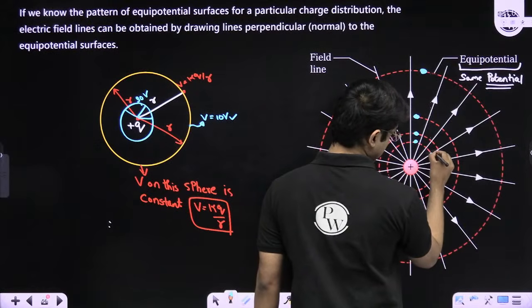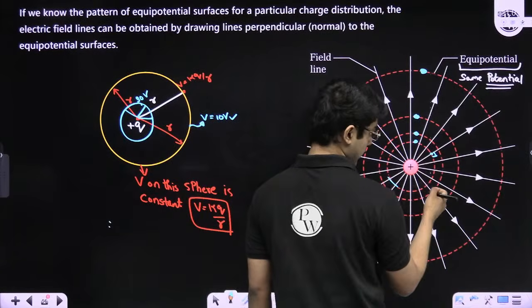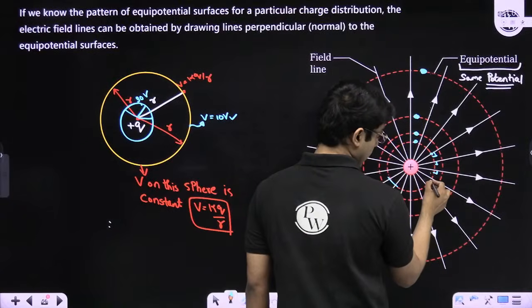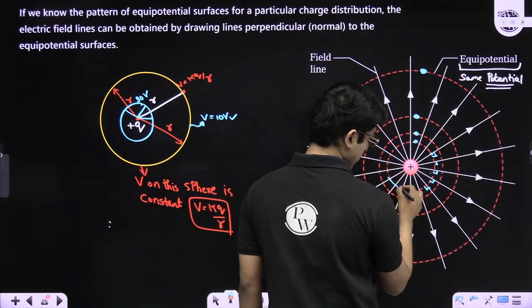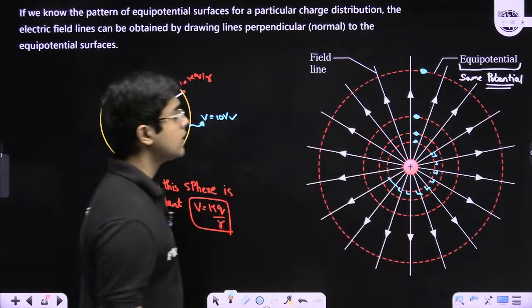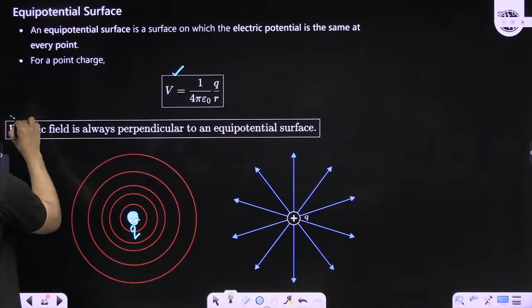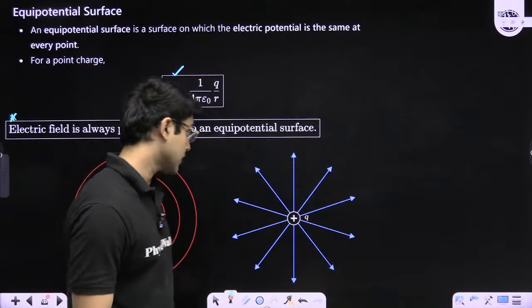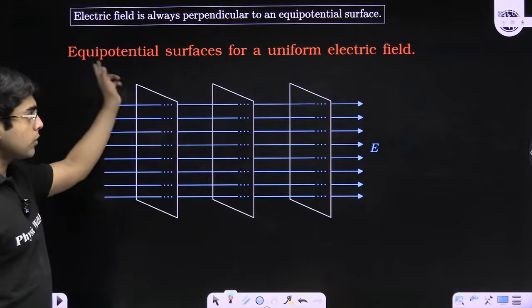So if you choose this point, the sphere is perpendicular to the field line, right? Here also the sphere is perpendicular to the field line. So at every point, the field line is perpendicular to the equipotential surface. This is an important property of equipotential surfaces. Electric field will be perpendicular to an equipotential surface all the time.